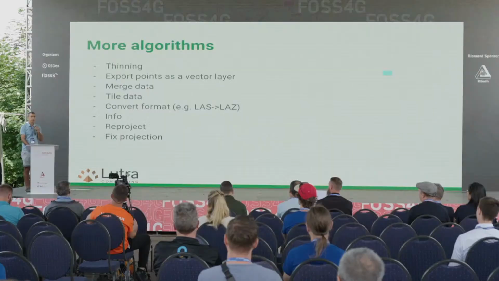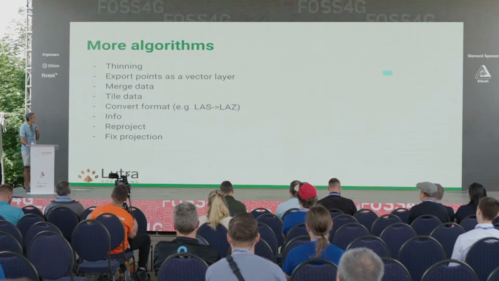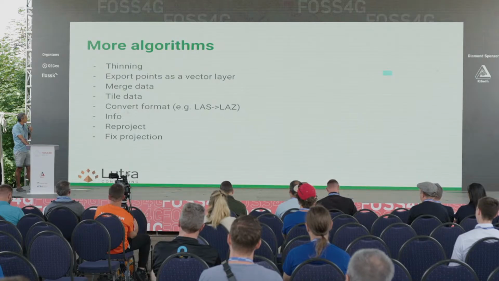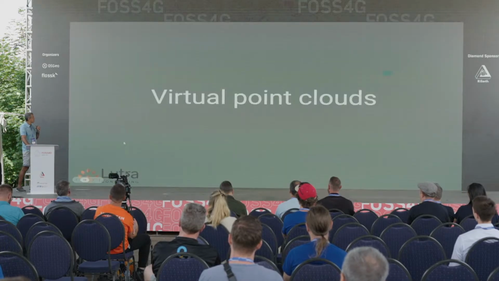You can export that as a vector layer. You can merge data and also tile data. So if you have a large coverage, again, you want to have them in 100 meter by 100 meter or kilometer by kilometer, you can do that. Fixed projection, conversion, they are self-explanatory.